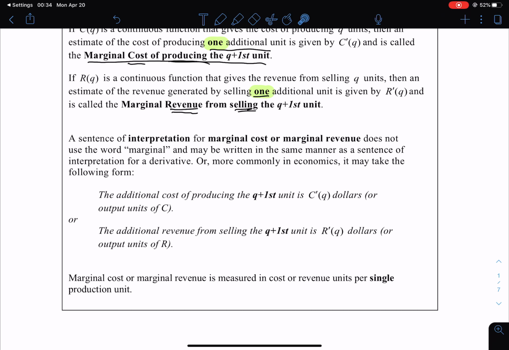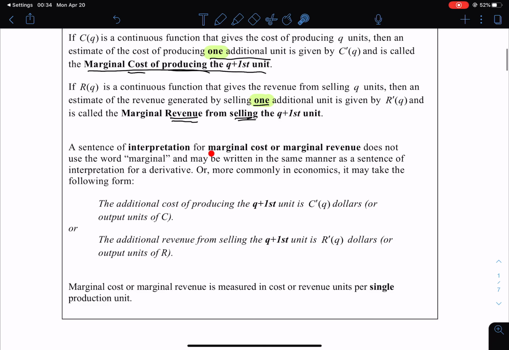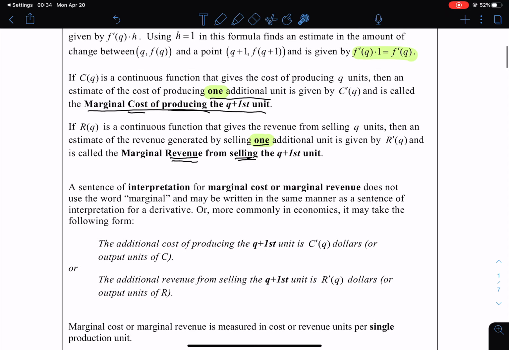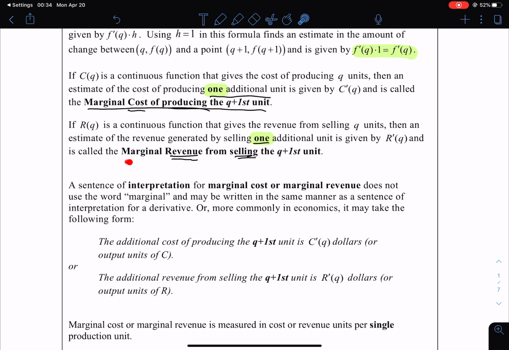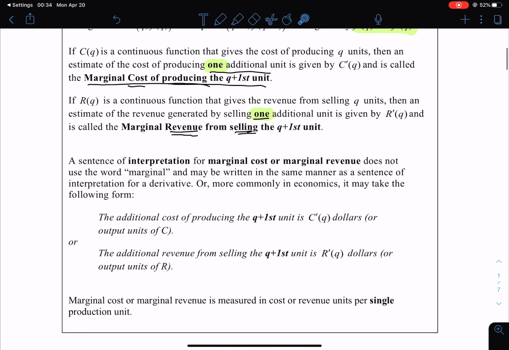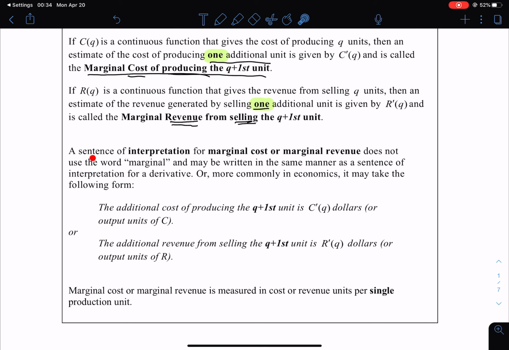This one shows both of them: the first one is marginal cost, and the second one is marginal revenue. For a sentence of interpretation for both of them, we cannot use the word marginal, but it may be written in the same manner as a sentence of interpretation for a derivative.